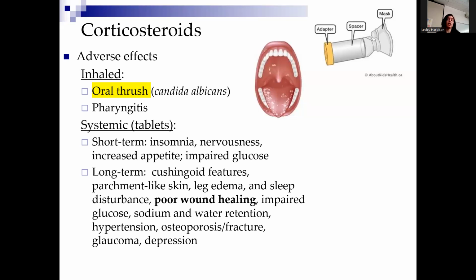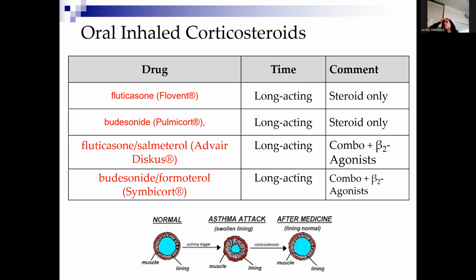And there are a lot of diseases or conditions where people have to be on them to dampen down the inflammation. So if it's an inhaled corticosteroid, here you can see we have the combo. If it's an inhaled steroid and it's only the steroid, then we have these medications here.